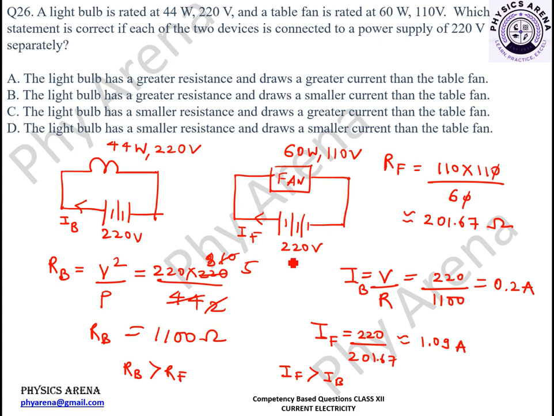But this is the current drawn when we have connected 220 volt. We can also find the rated current from the two values. The rated current is the maximum current that can flow through the device.